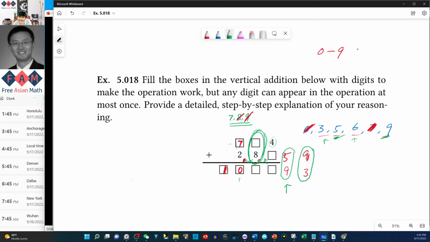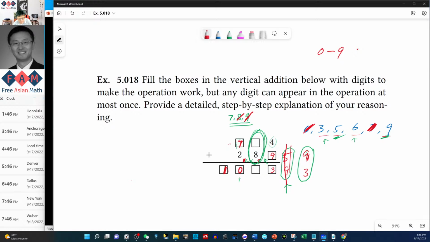So it looks like the only way to make this work would be put a 9 here and 3 here. We actually have exhausted all of choices. This must be the solution just by eliminating all other possible choices.